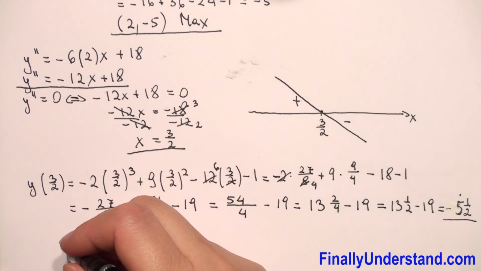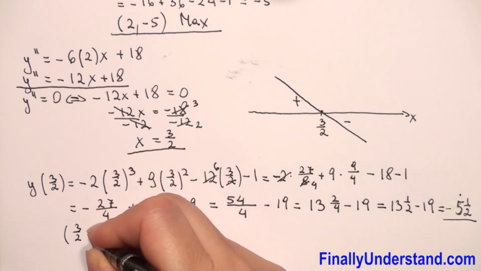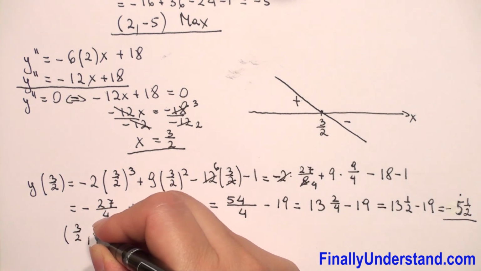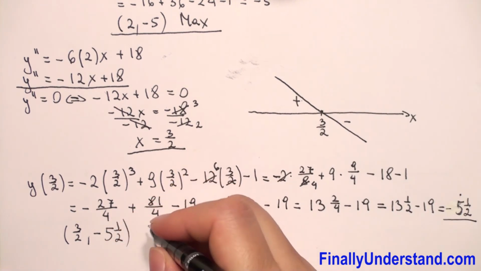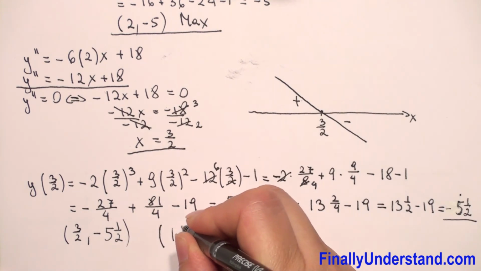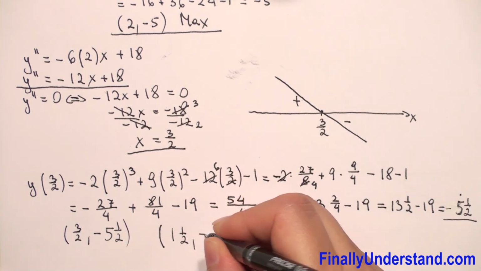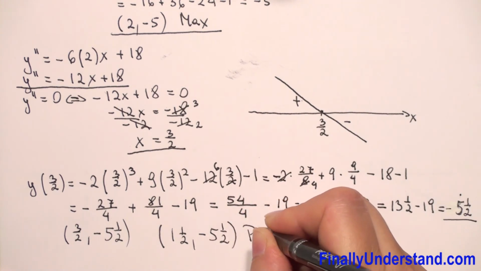So our inflection point has coordinates 3 over 2 and negative 5 and 1 half. We can rewrite this: 3 over 2 is 1 and 1 half, negative 5 and 1 half. This is our point of inflection.